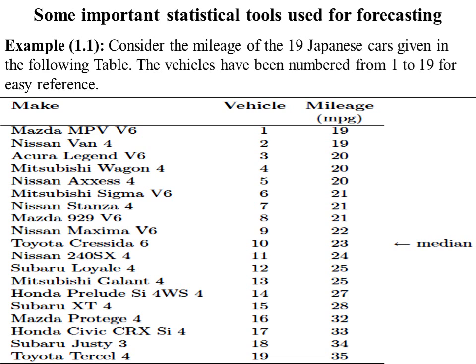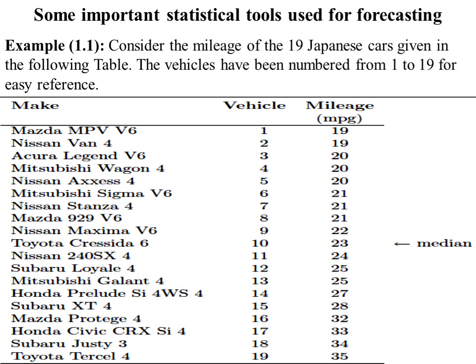Firstly we should remind ourselves of the important statistical tools that we said before. Firstly, the median is the 10th place, because here the data is odd, which is equal to 19 observations. So the median here is in the 10th place.